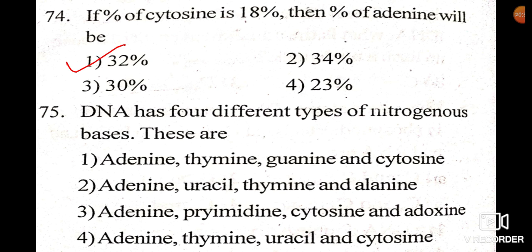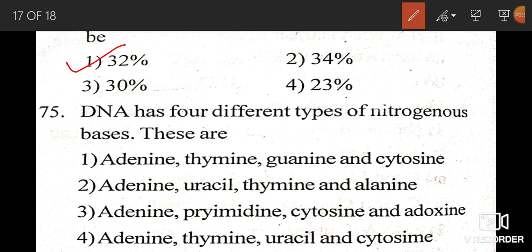Question number 75. DNA has 4 different types of nitrogenous bases: adenine, guanine, thymine and cytosine. So the right option is 1.